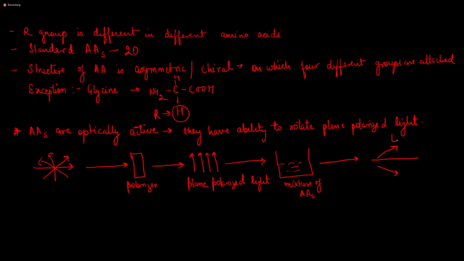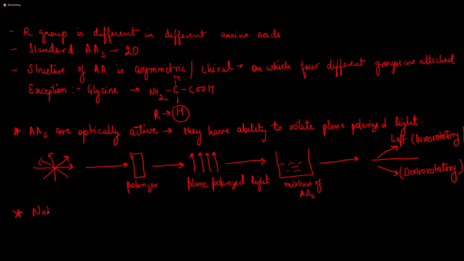The one that rotates the light to the left is known as levorotatory, and the one that rotates the light to the right is known as dextrorotatory. So this mixture of amino acids has the ability to rotate the light either left or right, and hence is known as levorotatory or dextrorotatory. Now, if we talk about the naturally occurring amino acids, that is all these 20 amino acids.